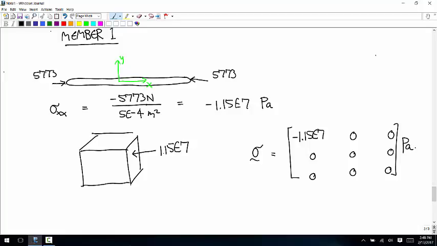So now we're back to the topic here, which is we're only dealing with elements that are loaded according to the rules of stress tensors, you know, the rules of stress elements. So if you have something like this with only forces going inward along the x-axis, then this is the corresponding stress cube.